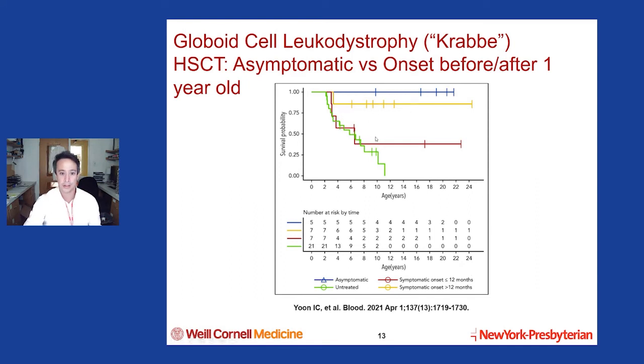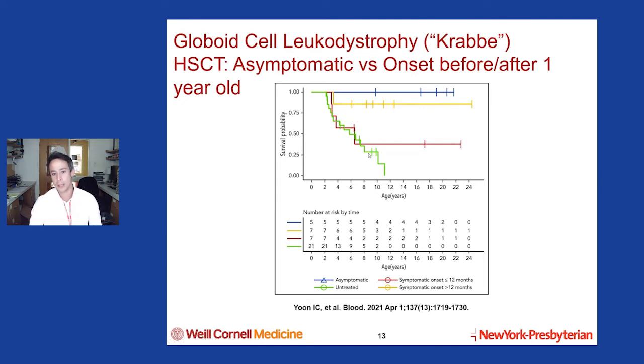You can tell that they do survive. The patients with symptom onset before 12 months are what we now call infantile Krabbe disease. If you treat those kids with transplant, to some degree you're approximating the natural history of disease.